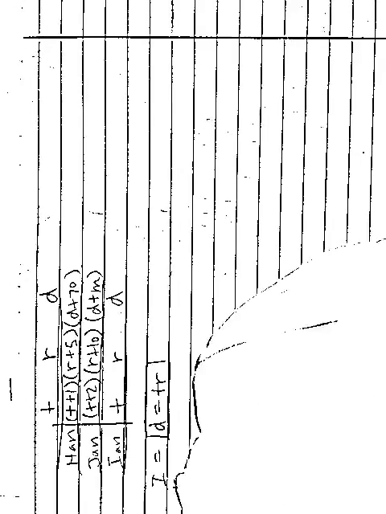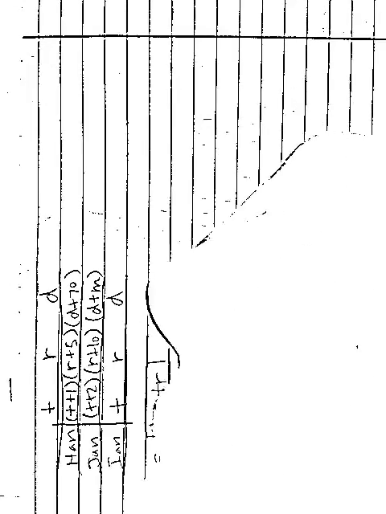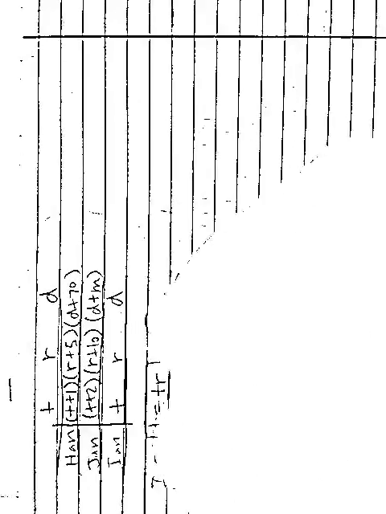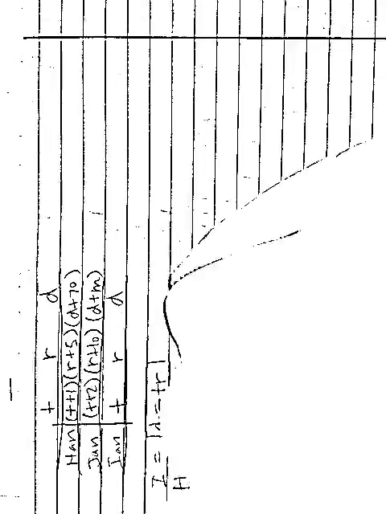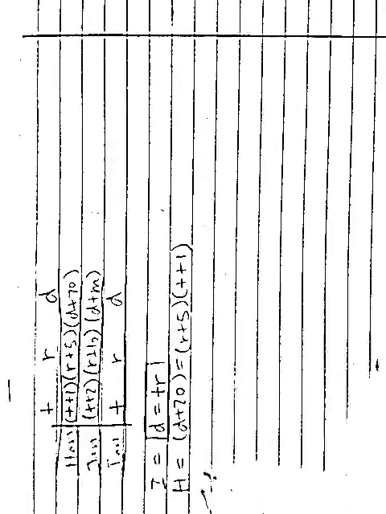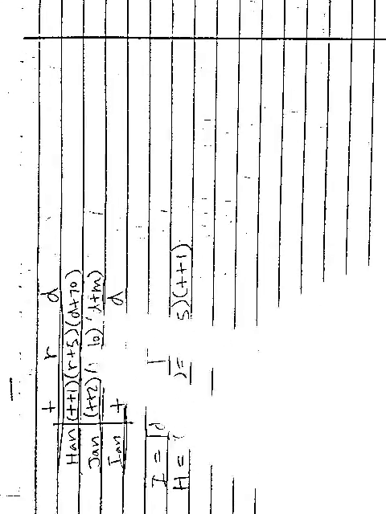And then for Han, distance equals time times rate, so D plus 70 equals R plus 5 and T plus 1. So that's his equation because it's TR equals D, so Han's T and R equals Han's D.